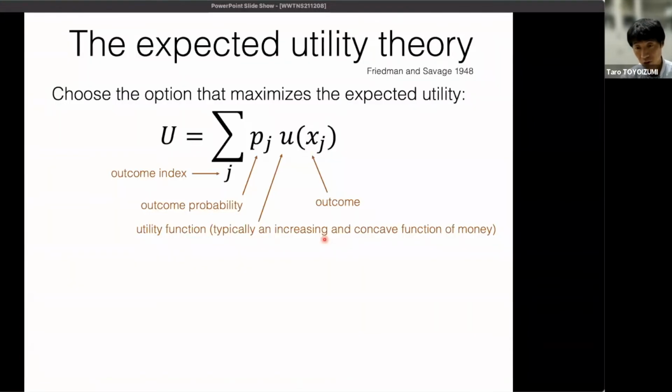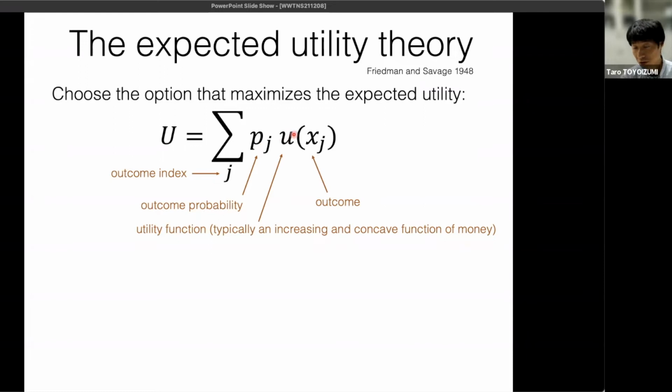If we consider theory, probably the most famous theory is the expected utility theory. This theory says that people choose the option that maximizes the expected utility. And the expected utility, the capital U, is described by this formula here. xj is the monetary outcome for the jth outcome indexed by j, and pj is the probability of observing that outcome.